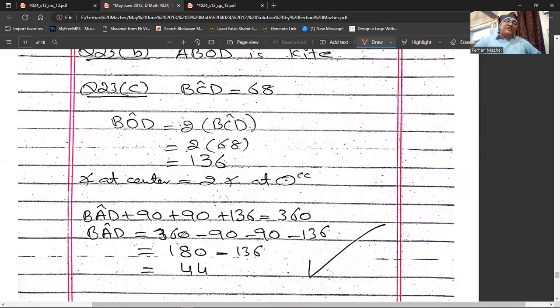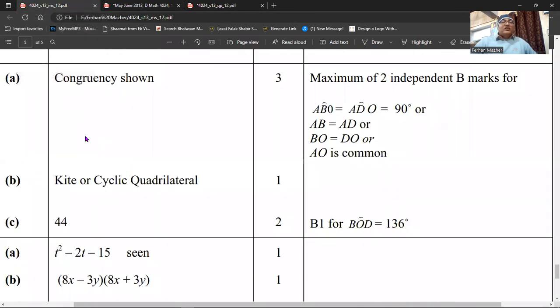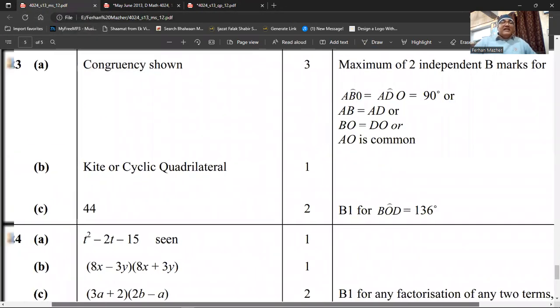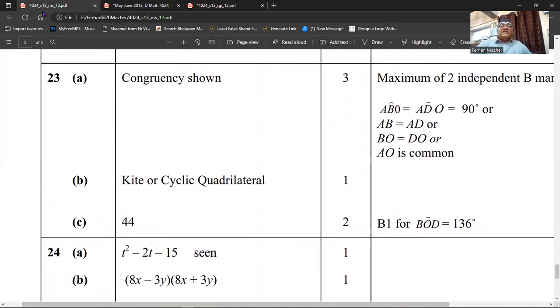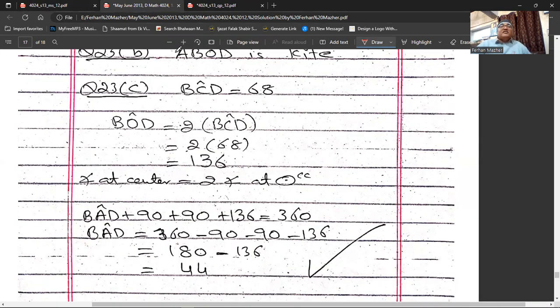So BAD will be equal to 360 minus 90 minus 90 minus 136. It will be 360 minus 180, which is 180, minus 136, and that will be 44. So the angle BAD is 44. So our answer is right.